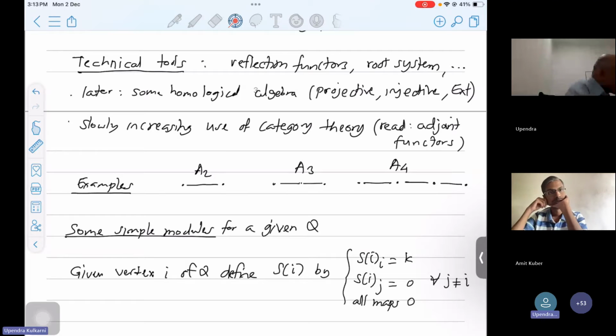If there are no loops, then all the maps are forced to be 0, because K can participate in a map only with 0. But what I am saying is that even if there is a loop from that vertex I to itself, even that map is 0. All the maps are 0. Now, just take a moment to see that this module is simple.